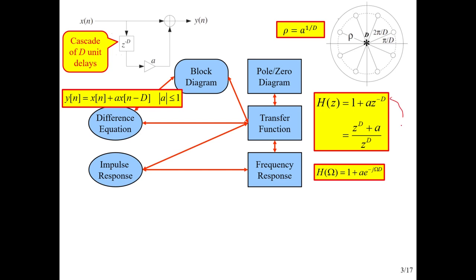Now we can go from here to here, just replacing z by e to the j omega. And so now we get the frequency response. And to see what that looks like, we would expand that out into a cosine plus a j sine term using Euler. That puts this quantity here in rectangular form. And then we can take the square root of the sum of the square of the real part plus the square of the imaginary part to find the magnitude.